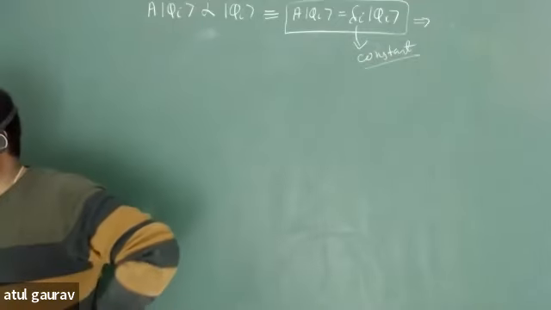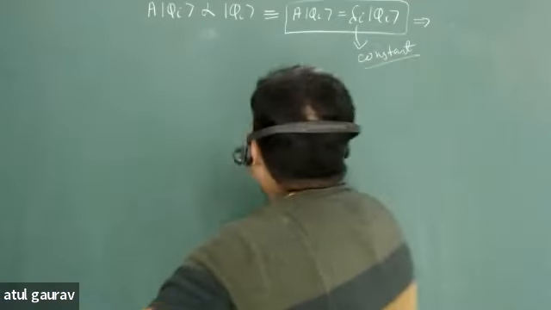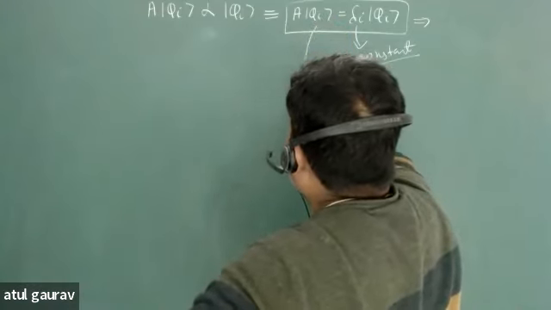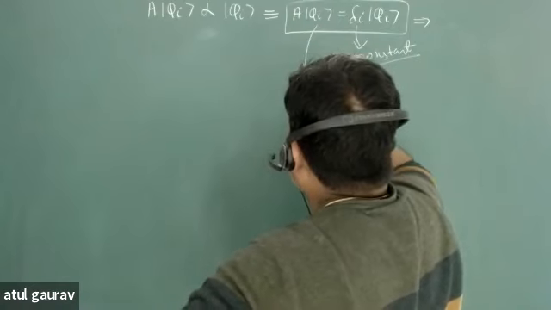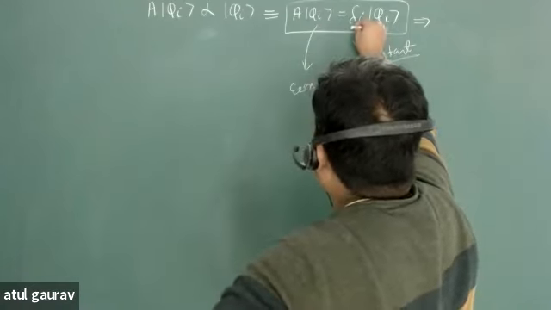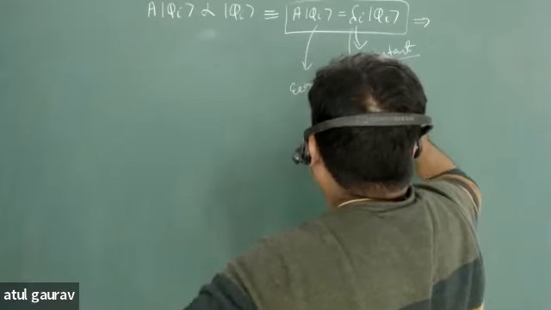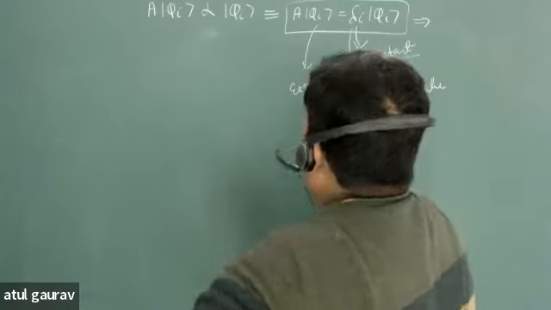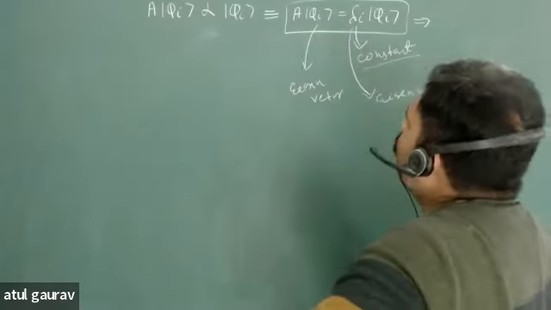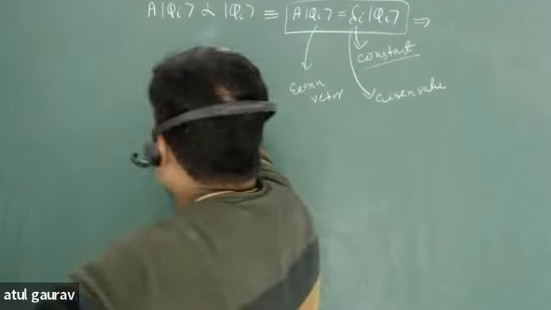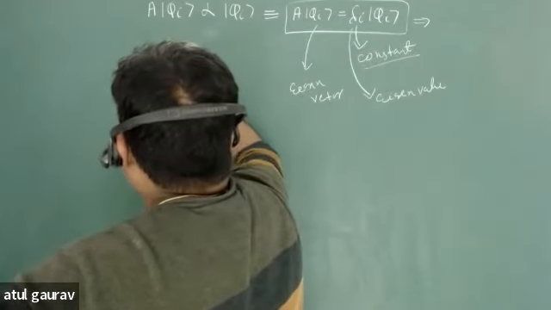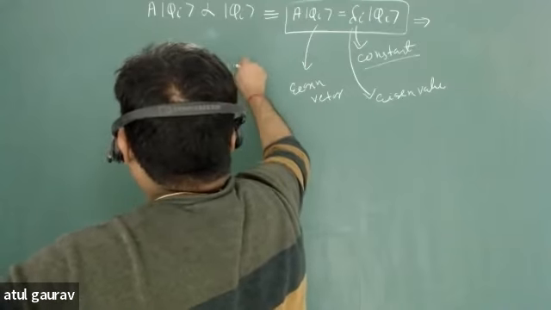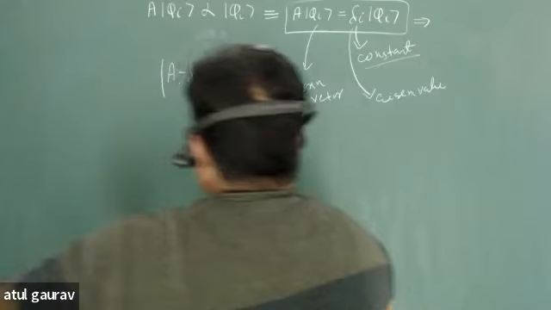So this vector is identified as the eigenvector, and this number is identified as the eigenvalue. Now we can write the whole thing like this: A minus lambda I into phi I is equal to 0.